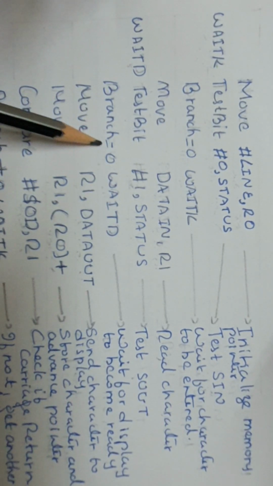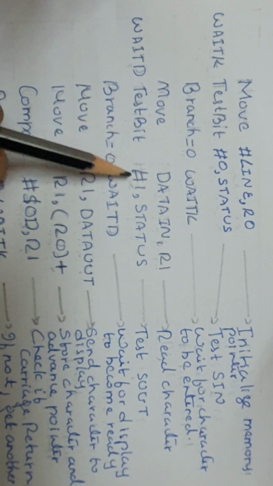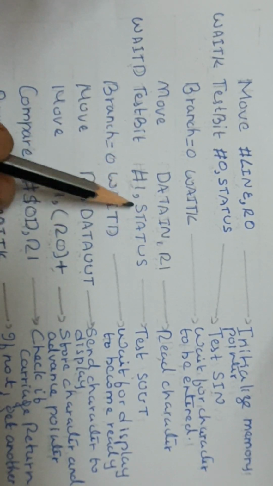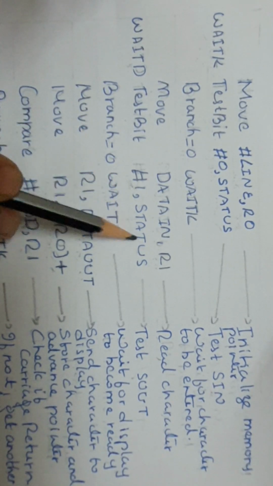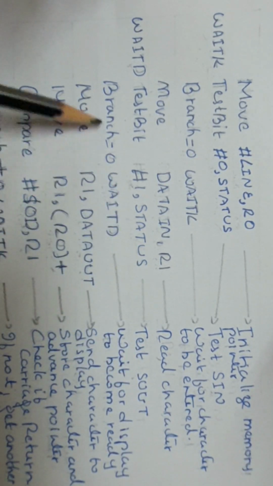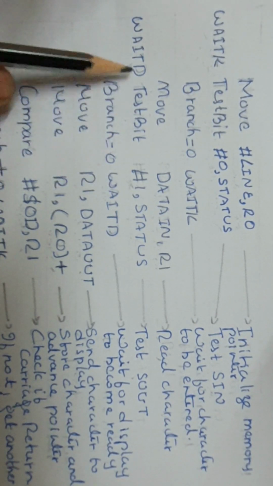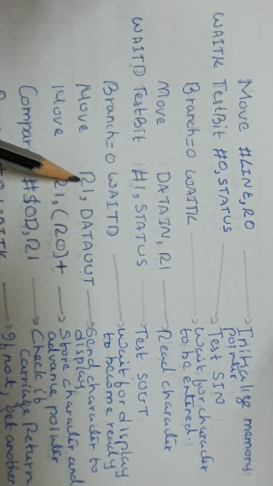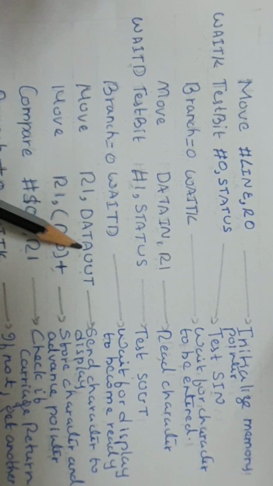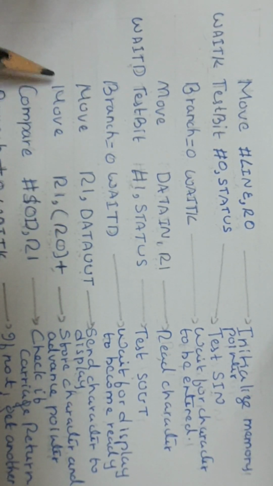If it is 0, the display device is not ready, and the processor will continue in this loop checking bit 1 of the status register. When the display device is ready, the bit will be 1, so branch equal to 0 becomes false and it will not shift the control back here. It will go to the next instruction. The pressed keyboard character will be sent to the data out register. This takes the character to the display device, because the display device is connected here.